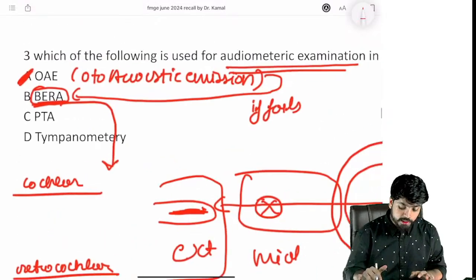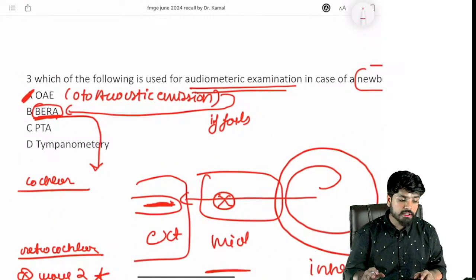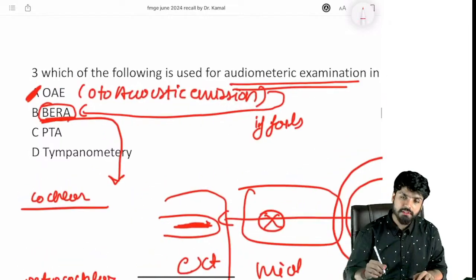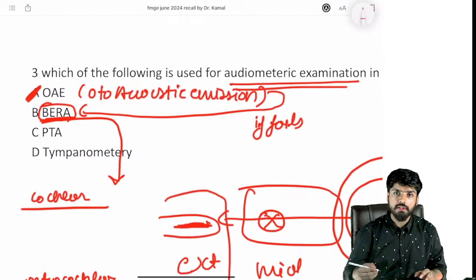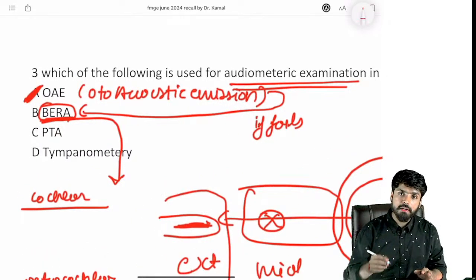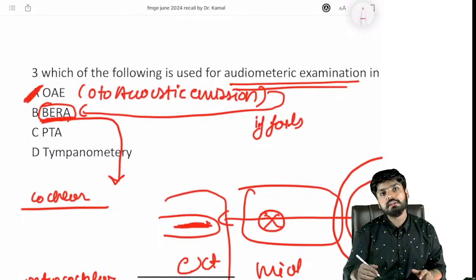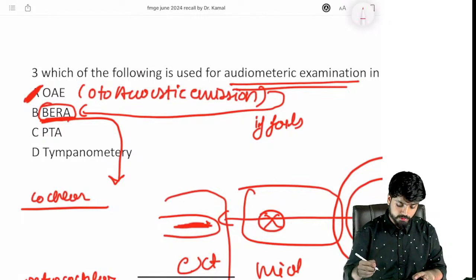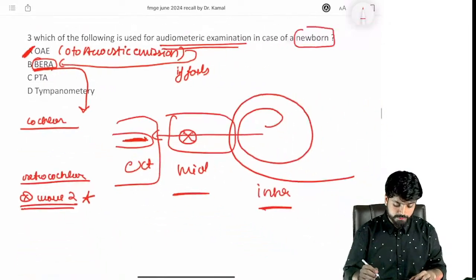Initially, for audiometric examination in a newborn, OAE is the choice because it's easy to do and readily available. For screening, OAE is there. If OAE fails, or if we suspect anything, then we go for BERA. We do not go directly for BERA.